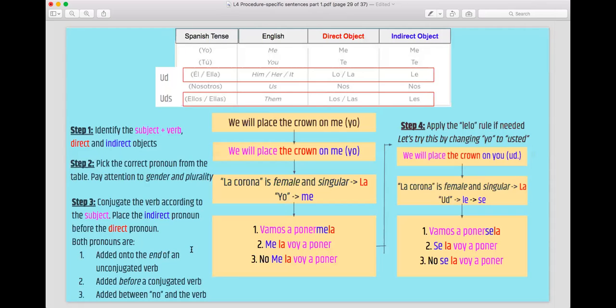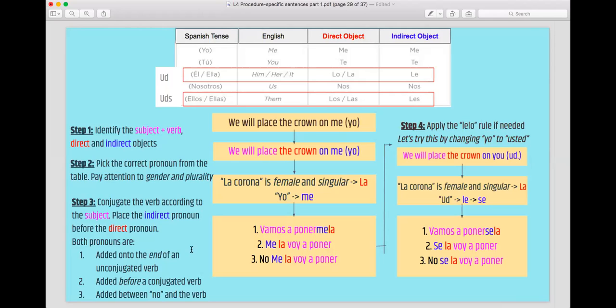Breaking it down even further, here's our stepwise formula. So we have our table at the top. Step 1, for our sentence, we will place the crown on me. You would identify your subject, which is we, and you will identify your verb.